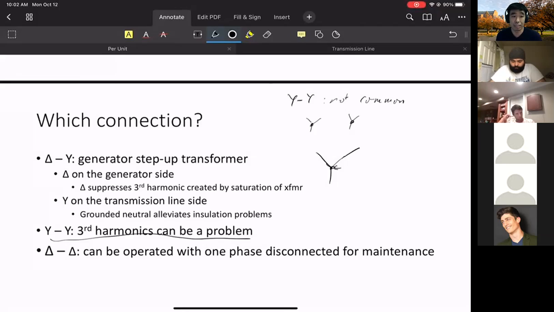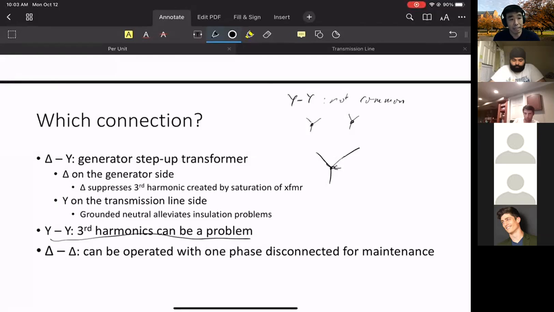Higher order harmonics come if you add sinusoids with slight differences in phase and magnitude, so they're not exactly in phase. So you don't have exactly 60 hertz, and then you create some harmonics. It's some of the higher order harmonics that tend to get amplified if you're not exactly in phase. So you don't see Y all that much. Delta is more robust.